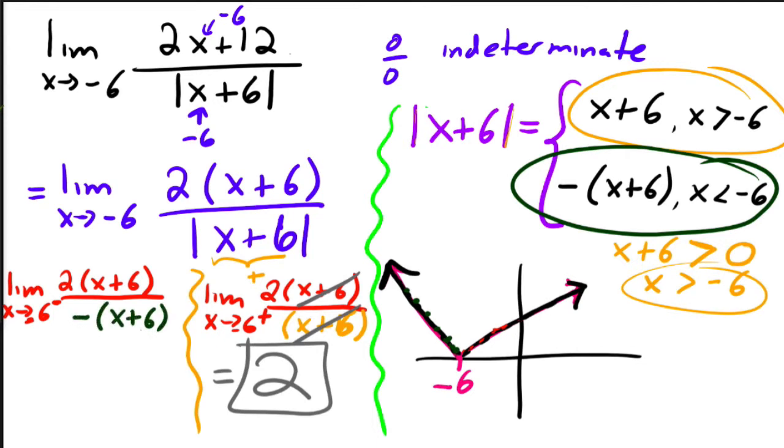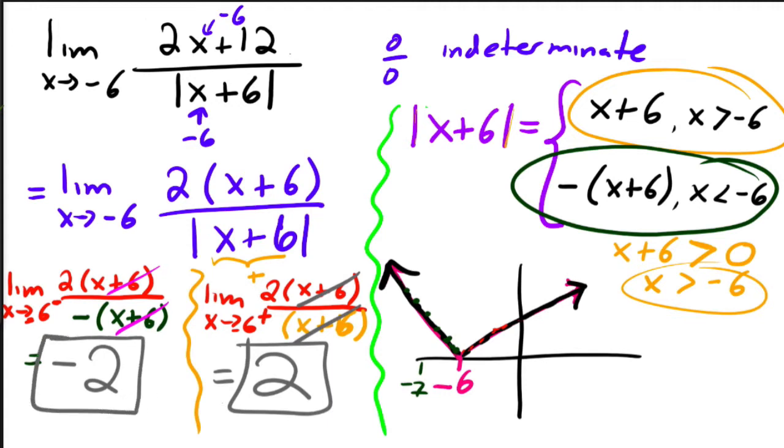And this makes sense because if x is less than negative 6, for example, negative 7, negative 7 plus 6 is negative 1, multiplied by the negative sign, and you would get positive 1, making it match with this one. So these two are equal if x is less than negative 6. But this time, these guys again cancel, but this time you get negative 2.